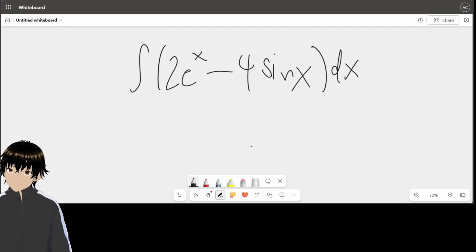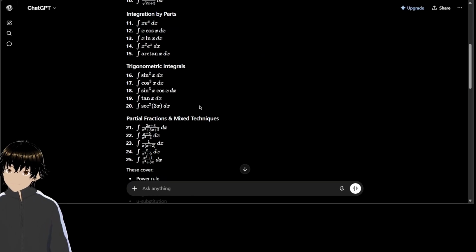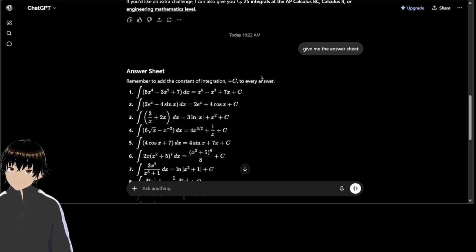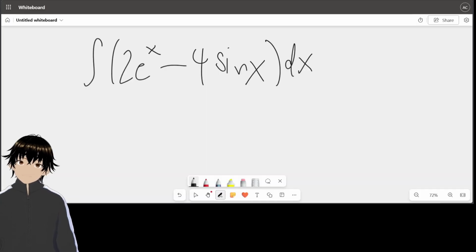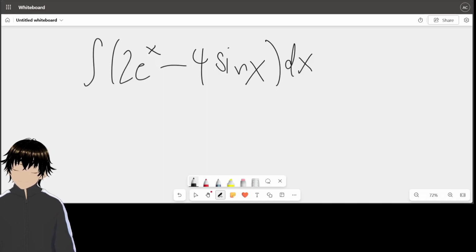Either way, it's e^x. Wait, let me check the answer sheet for cosine x. Oh, I knew it. It's going to be a negative 4 cosine x.